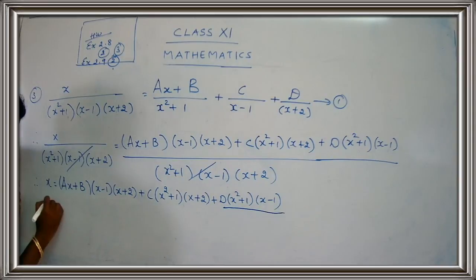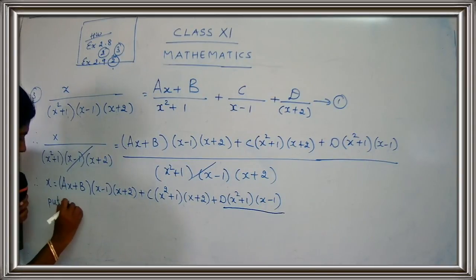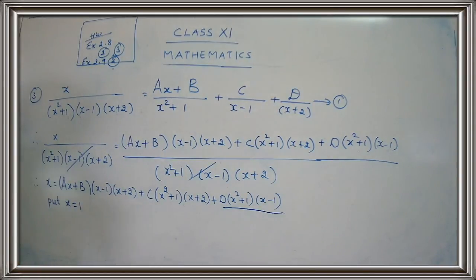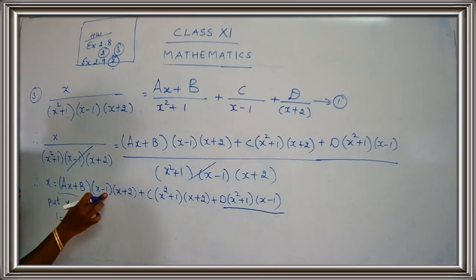So write down here, put x is equal to 1. What are we going to do? We are going to put x is equal to 1. So when you put x is equal to 1, 1 is equal to, when you put 1 here, 1 minus 1 becomes 0.